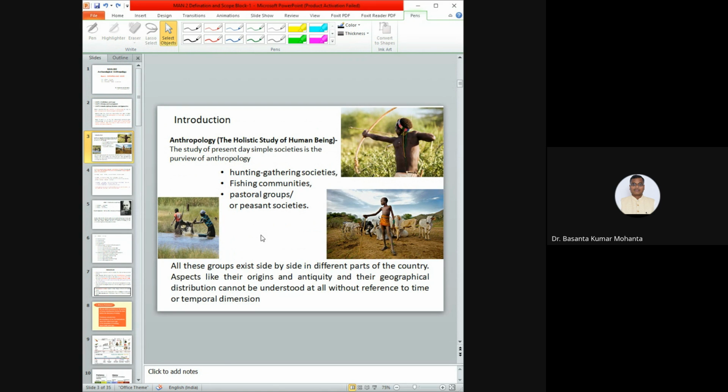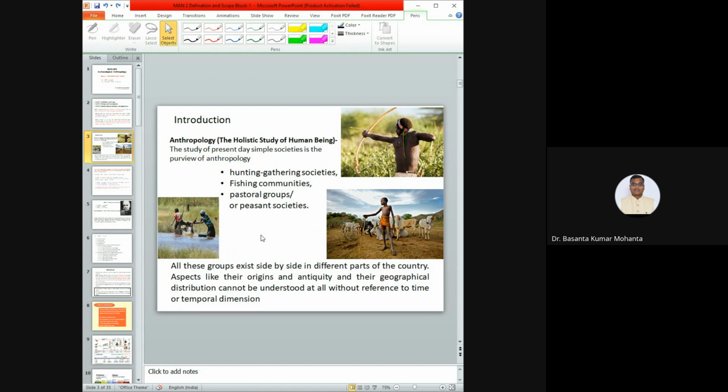The people of simple society include the hunter-gatherer communities, the fishing communities, the pastoral groups, or the peasant societies. All these groups live side by side in different parts of the globe in general and different parts of the country like India in particular.